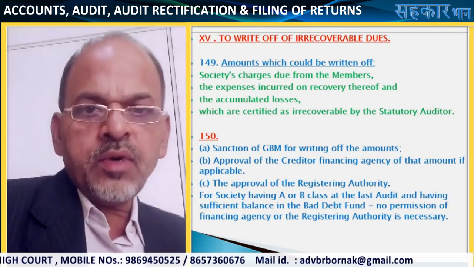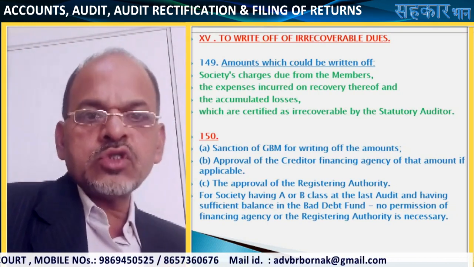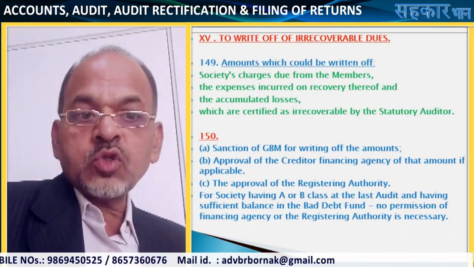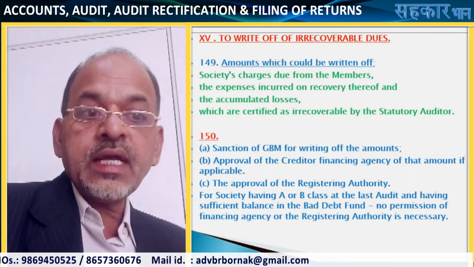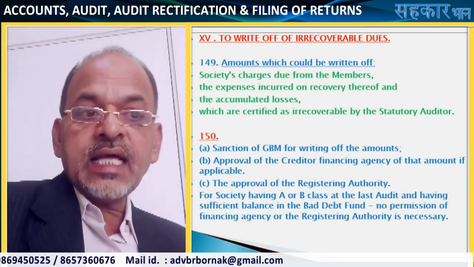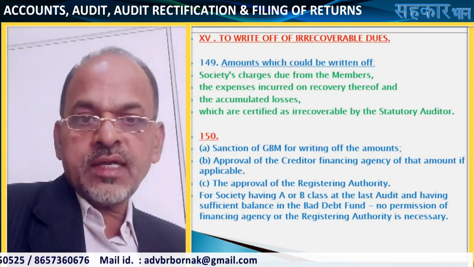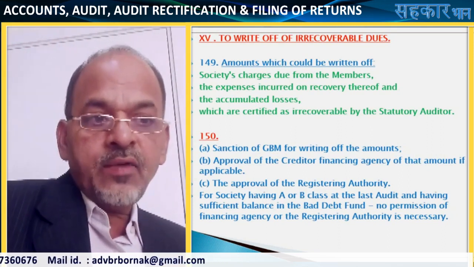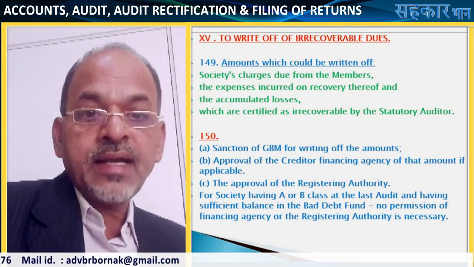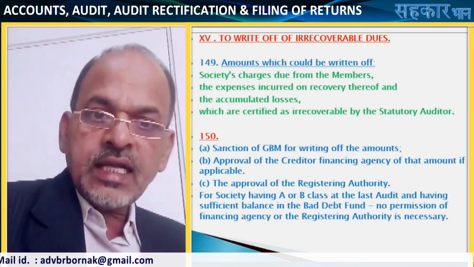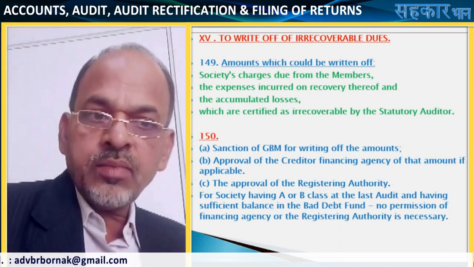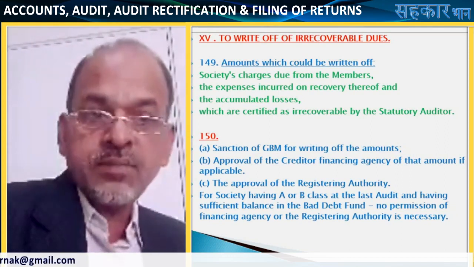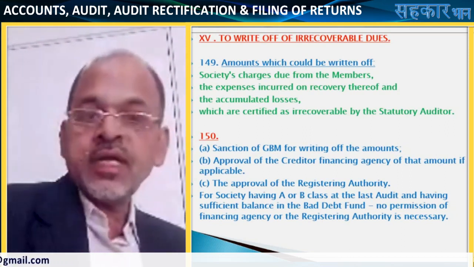So this is the provision to write off irrecoverable dues of the society, and one special provision is there for societies having A or B class at the last audit, that is, if the society has secured A or B class in the last audit and has sufficient balance in the bad debt fund.